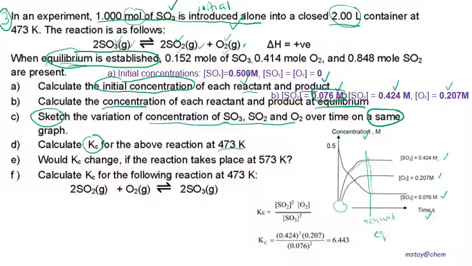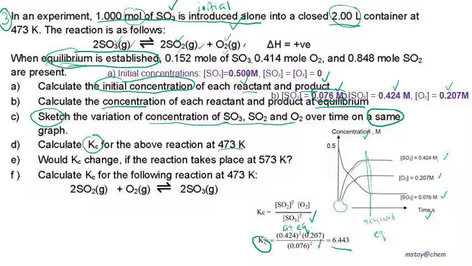After we write the Kc expression, remember that we have to substitute the value given in the equilibrium, which is 6.443.